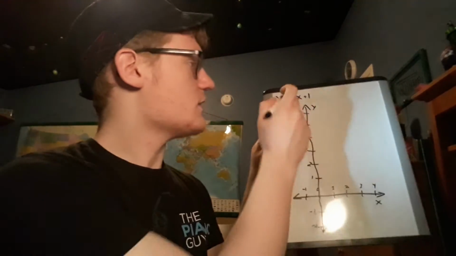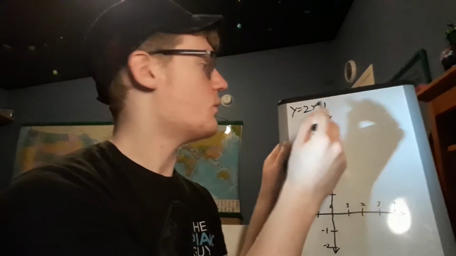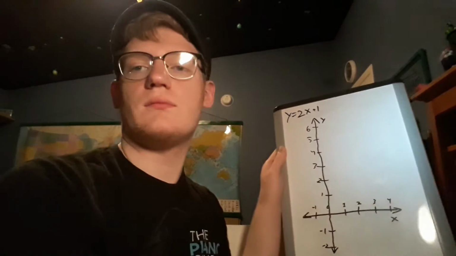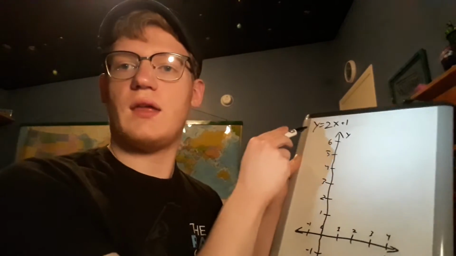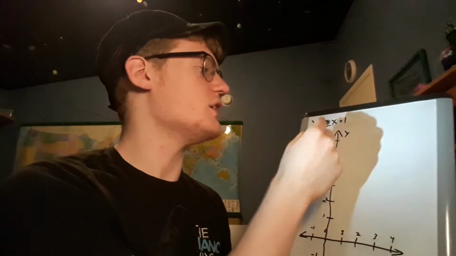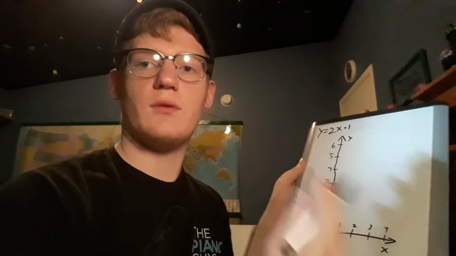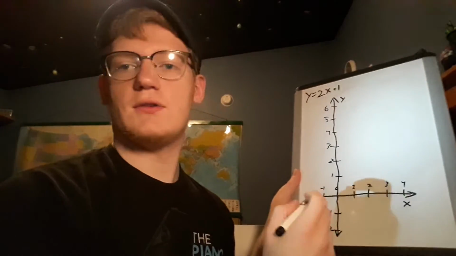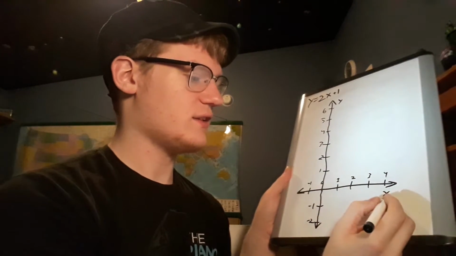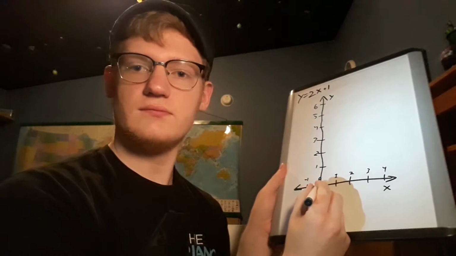Now, we have this equation up here. Y is 2x plus 1. And we know how to get different values for y when we put in x. We just double it and add 1. Let's see what happens when we plot those. So let's say that x is 0.